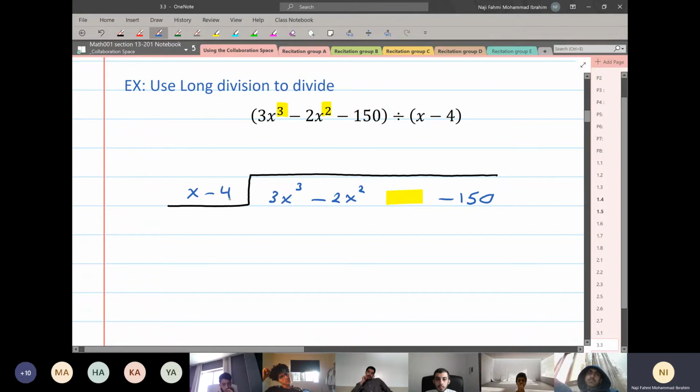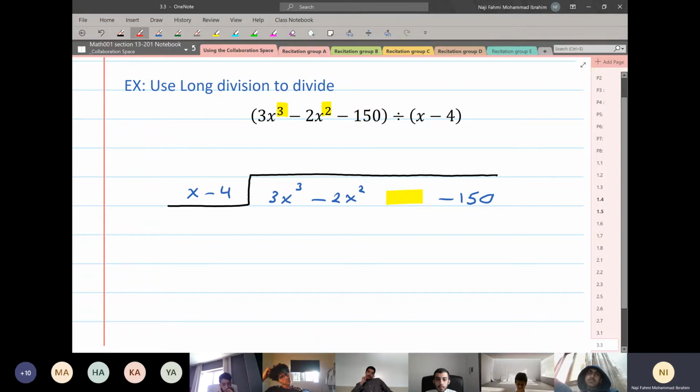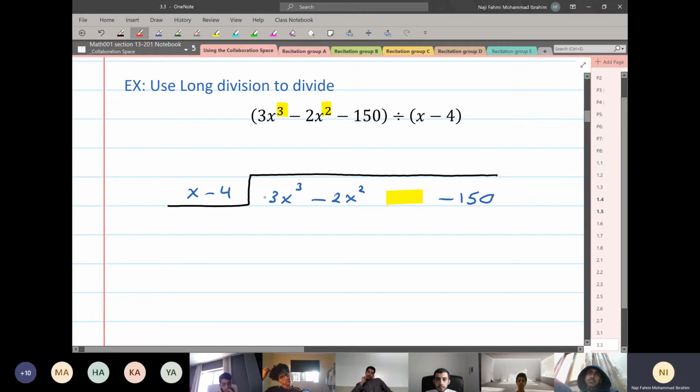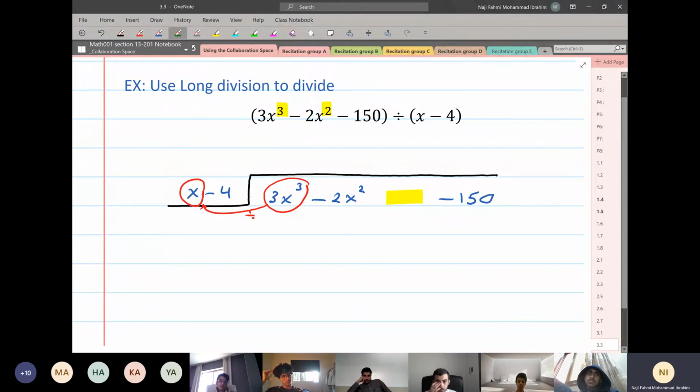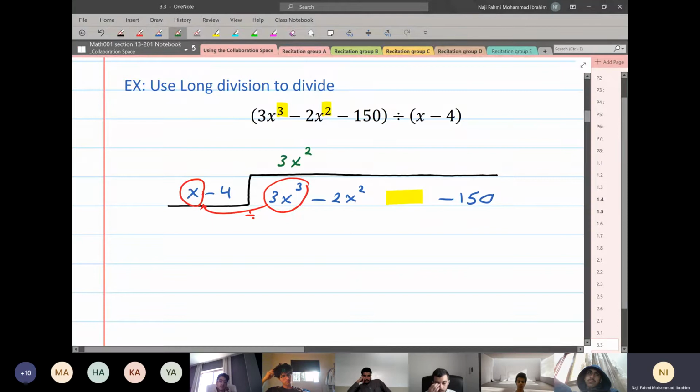Now, please pay attention to the steps. The first step that we'll do is the following, Shabab. Divide the leading term by the leading term. Just term by term. 3x to the power 3 divided by x, the answer is what? 3x squared. Then the next step is to multiply this answer by the divisor, all of the divisor.